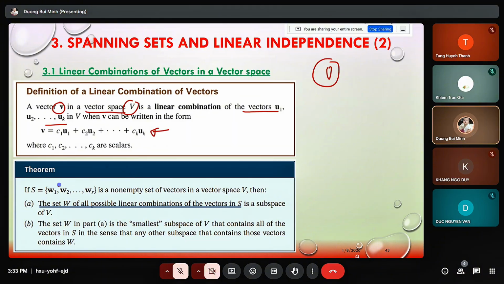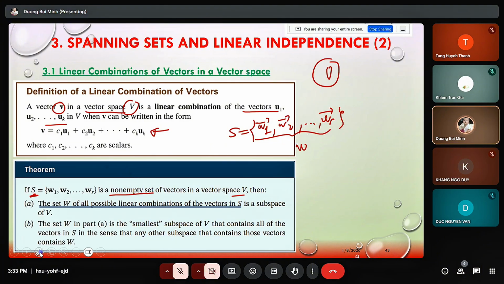Now if we have this set S with vectors w1, w2, blah blah, wr, a non-empty set of vectors, then the set W of all possible linear combinations of the vectors in S is a subspace.